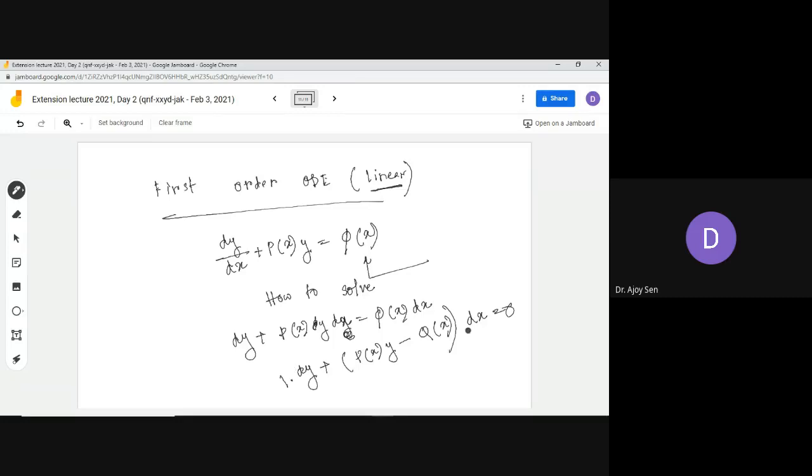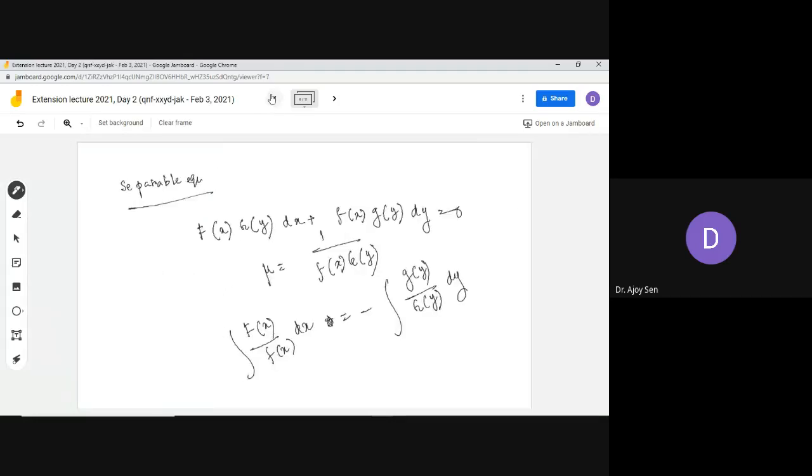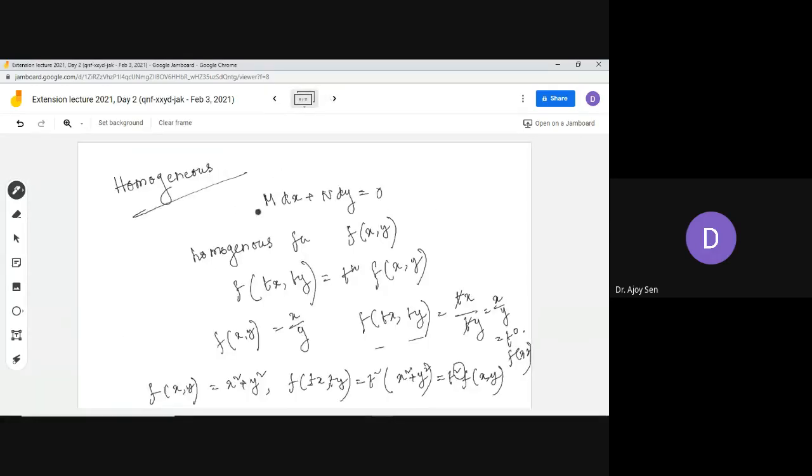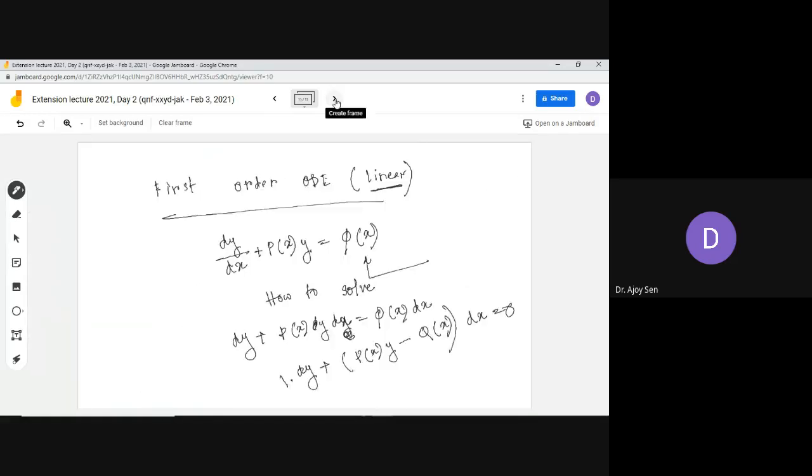So you see something dx plus something dy. So this is a kind of equation of the form M dx plus N dy equals 0. So what is M? M is this thing. What is N? N is basically this thing.